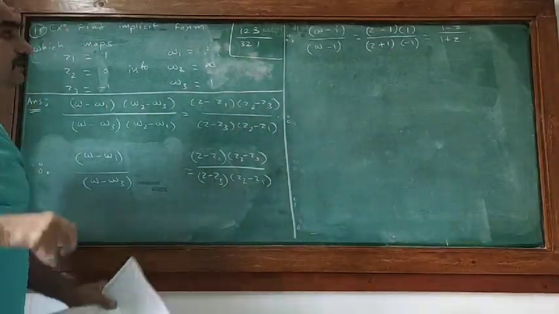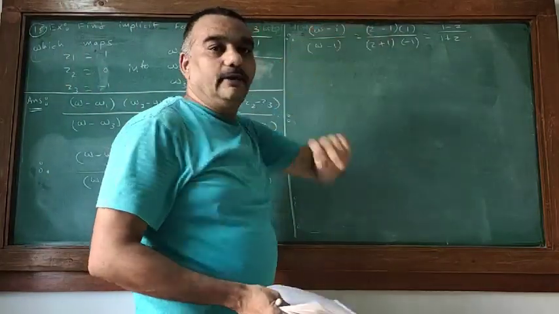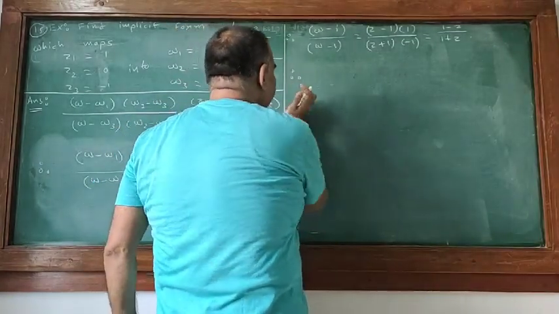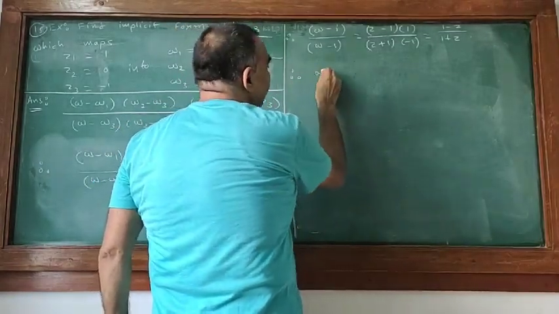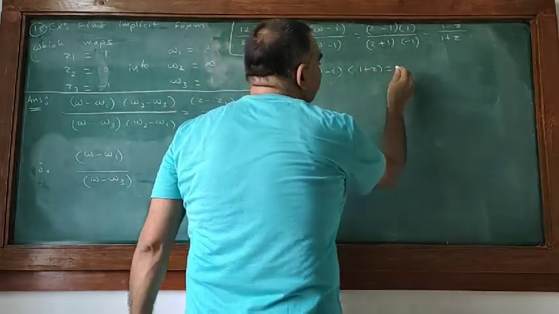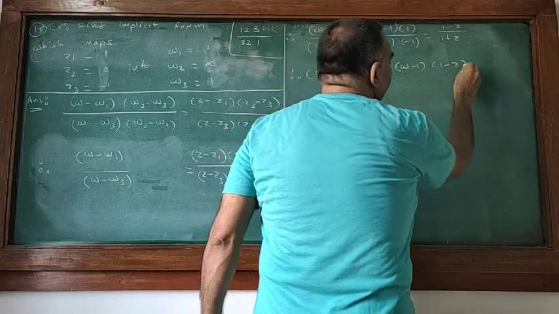So we use this minus sign to transfer the value of the numerator. Therefore omega minus i times 1 plus z is omega minus 1 minus z.